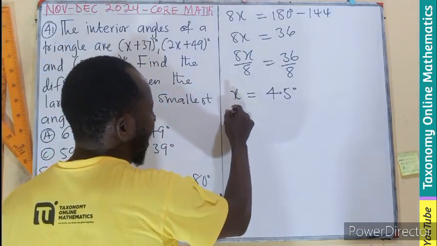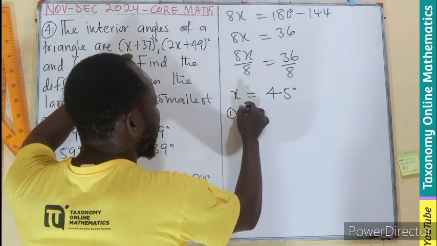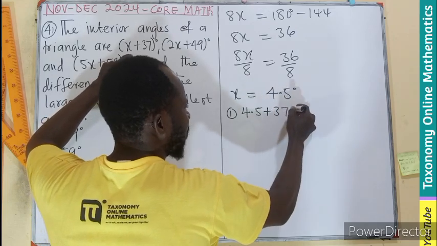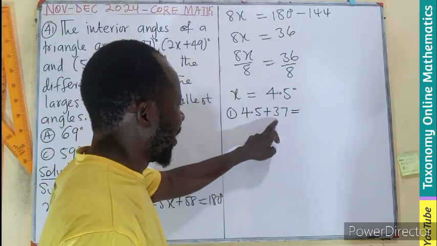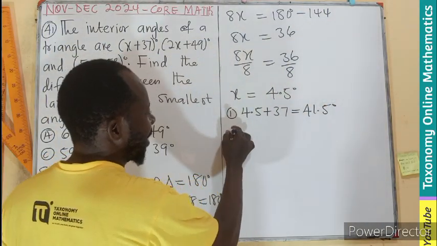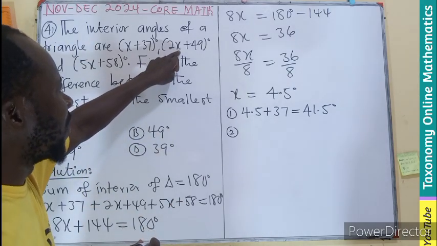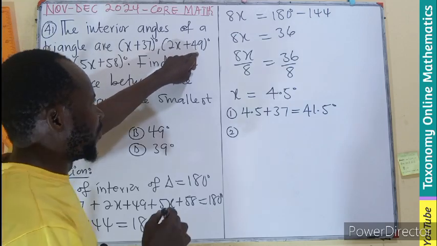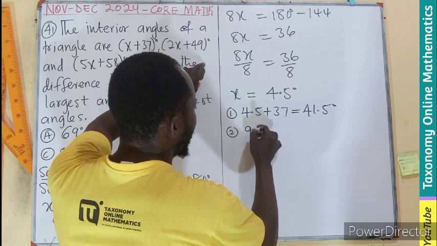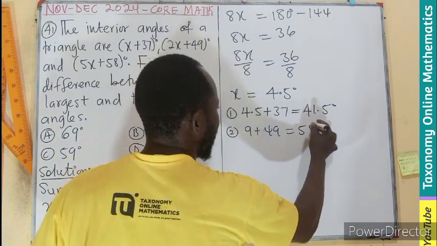So we can see that the first angle, let me just say angle 1, is going to be 4.5 plus 37, and that is going to give us 41.5 degrees. The second angle is supposed to be 2 times 4.5, that will be 9. 9 plus 49 will give you 58 degrees.